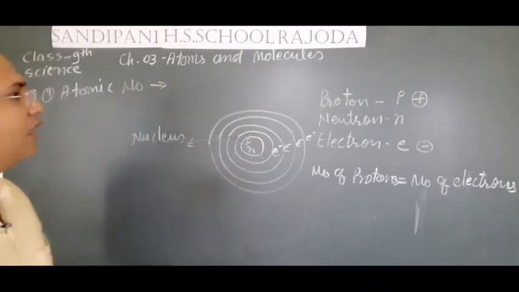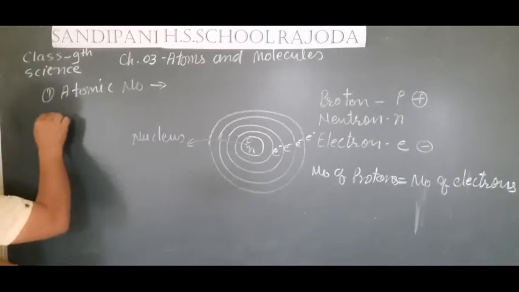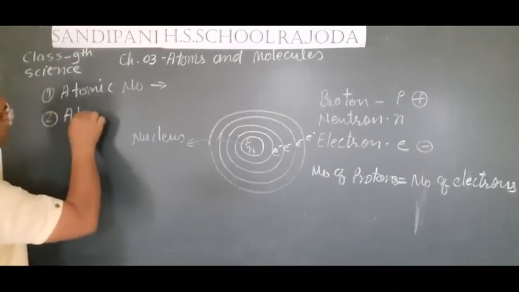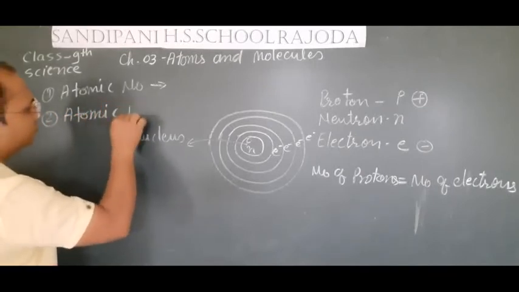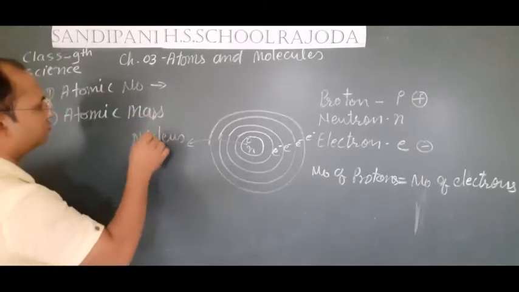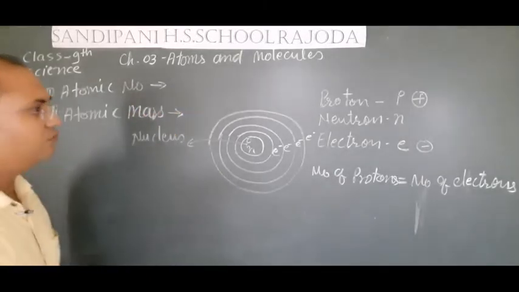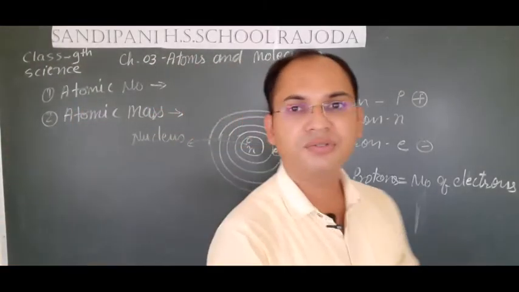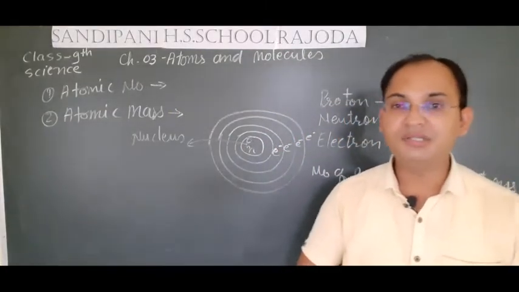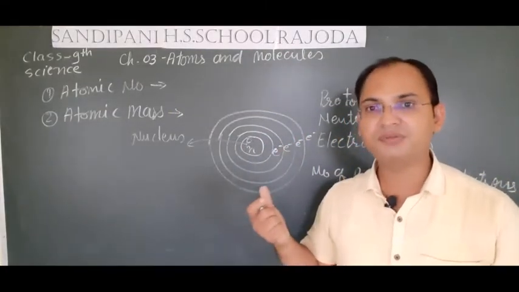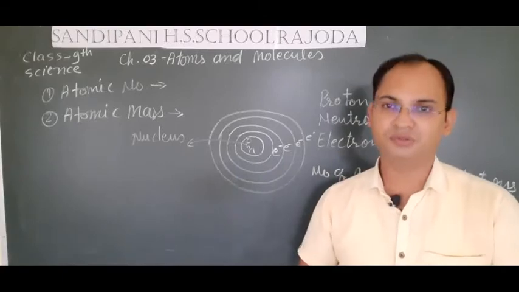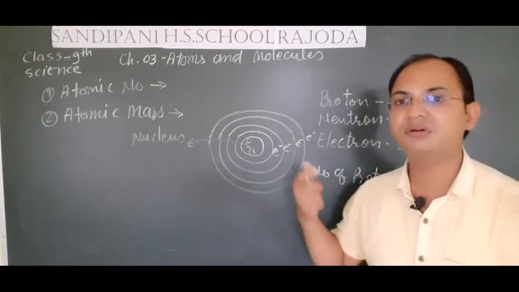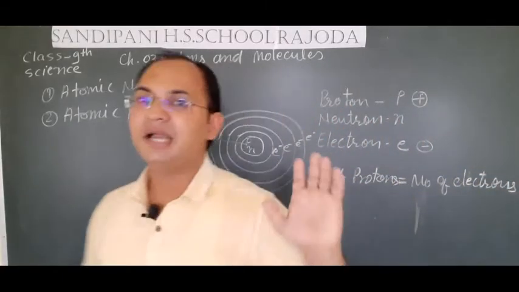Secondly students, atomic mass. Now if we talk about the atomic mass, then we consider the number of protons as well as the number of neutrons both, but the number of electrons is not considered in atomic mass also.